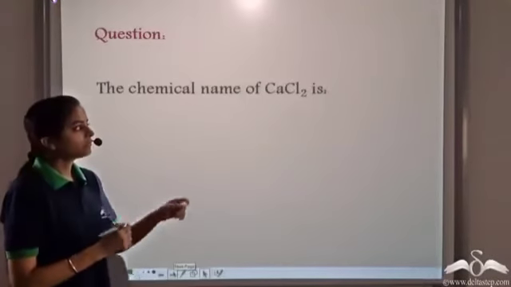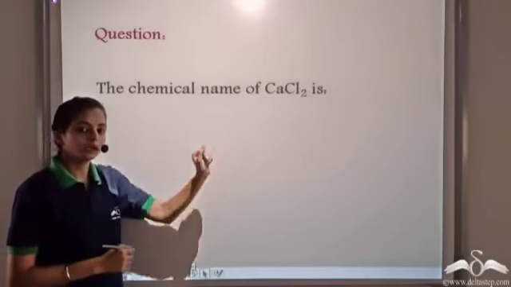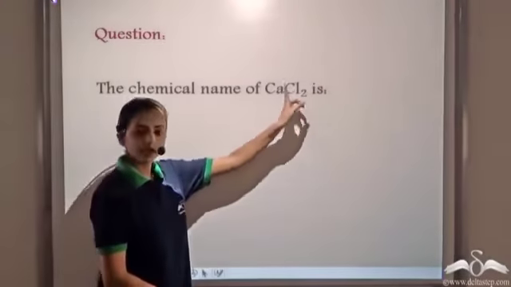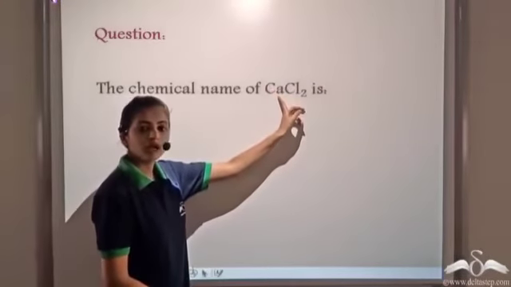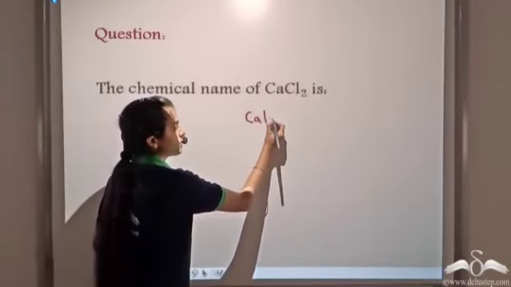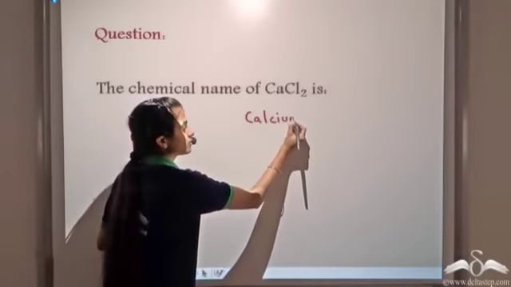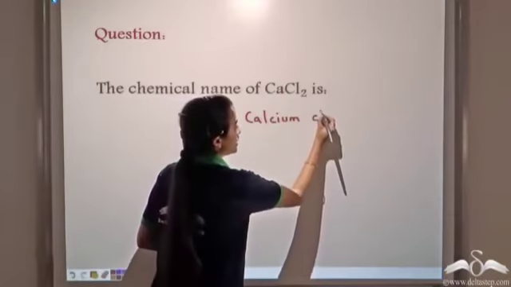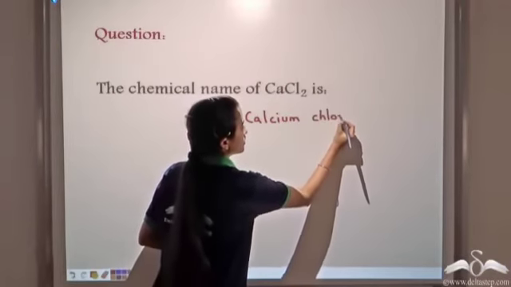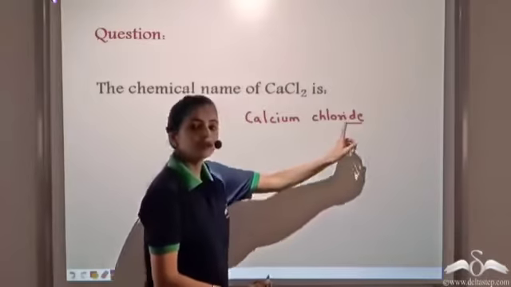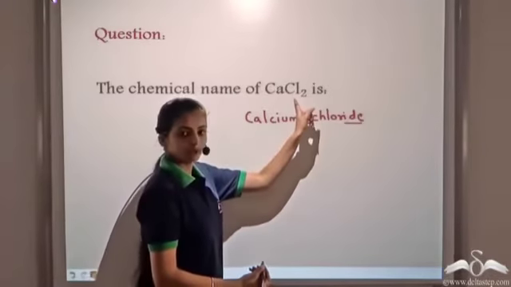But you remember, when we have 1 metal and 1 non-metal, how do we name that? In this case, we have CaCl2. We know calcium is a metal, so calcium remains as it is. Chlorine is a non-metal, so we write chloride. That is, ide is added as the suffix to the non-metal.